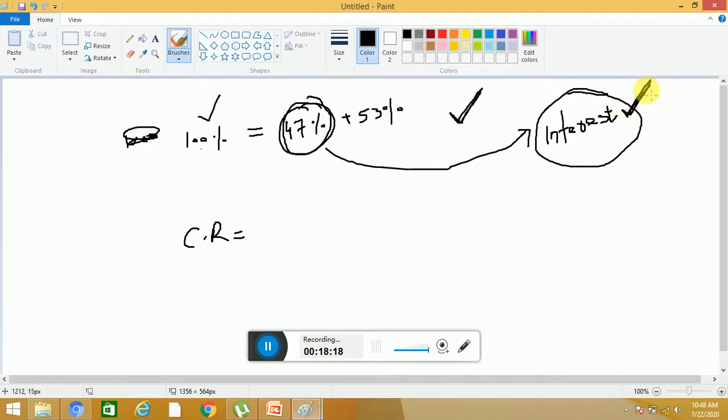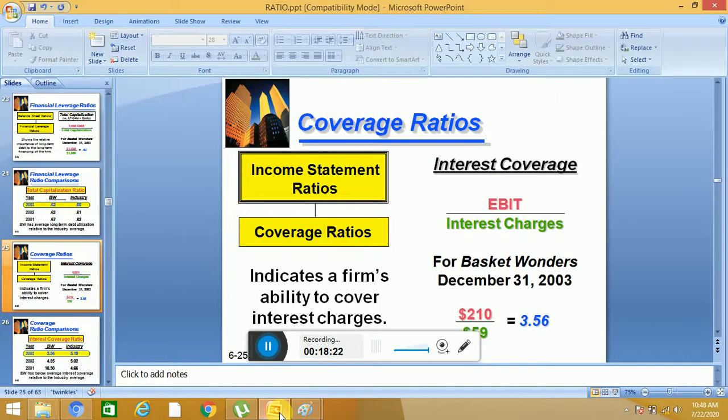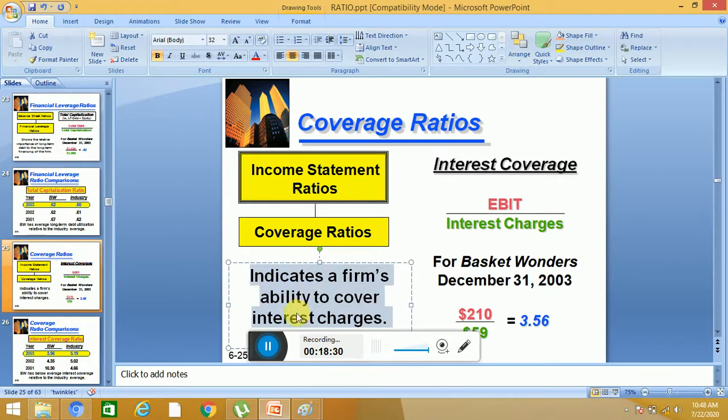Can they pay their interest charges easily or not? Here we are checking just one thing: can we cover our interest charges or not?